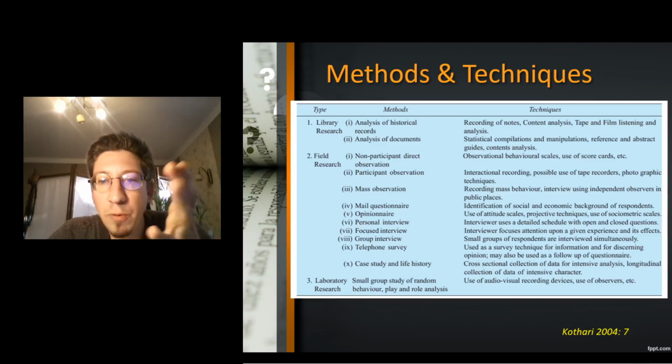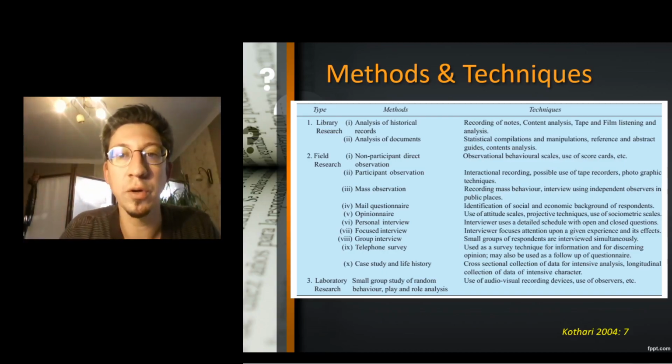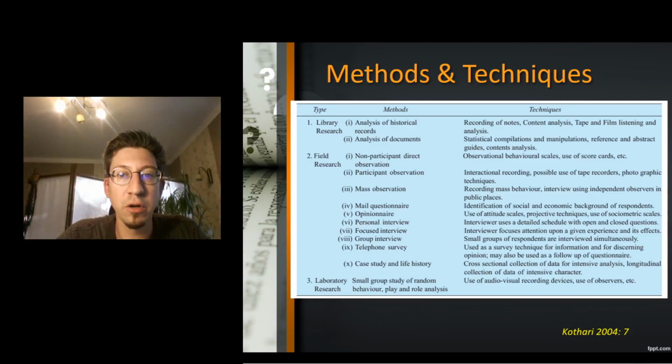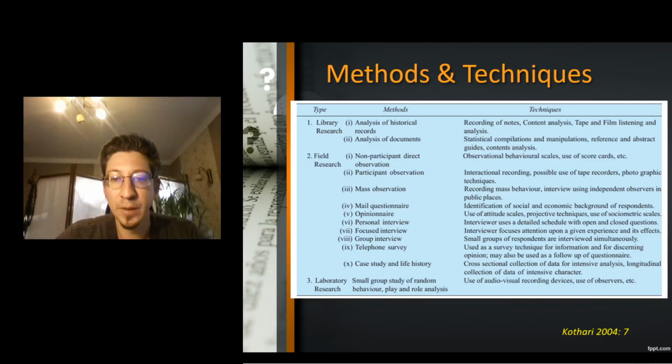The methods, well, they're all written here. So here we see actually what are you going to do, how are you going to approach within certain realms, certain types of research, what are you going to do? I'm going to analyze historical records. Are you going to do interviews with people in order to understand social phenomena? Are you going to look and observe people and their interactions?